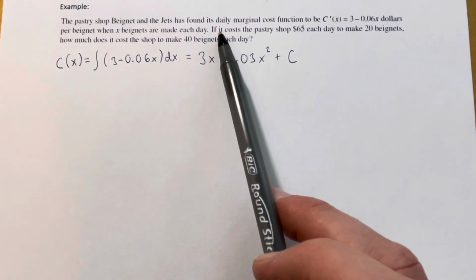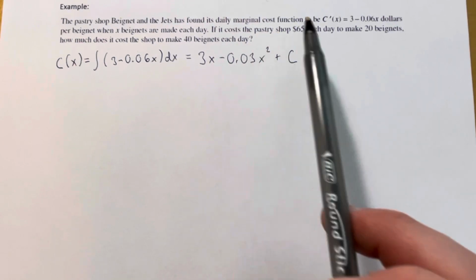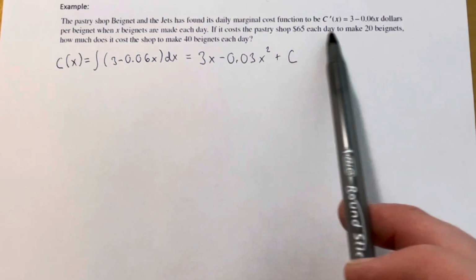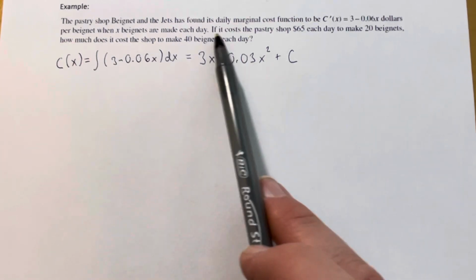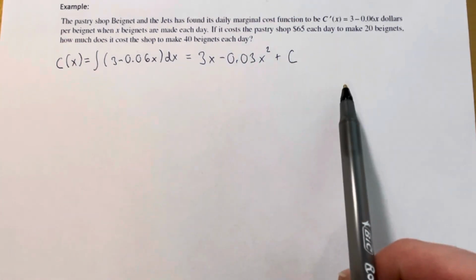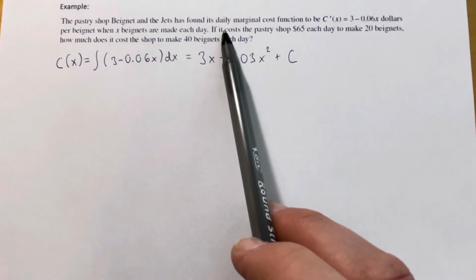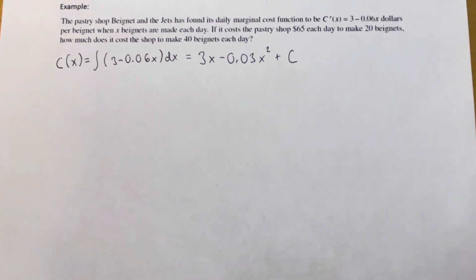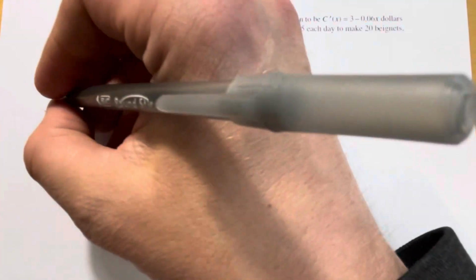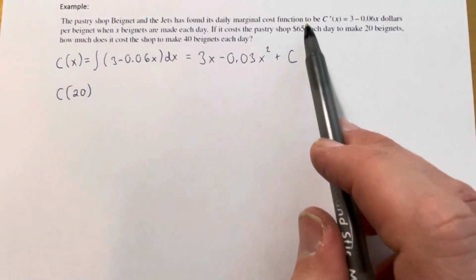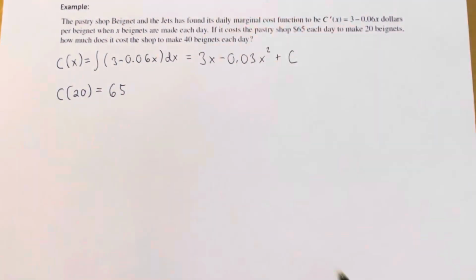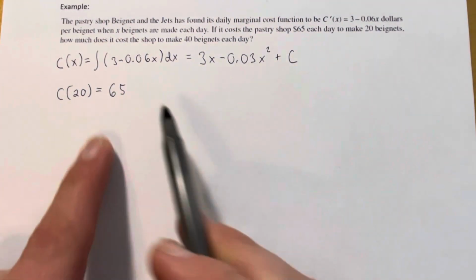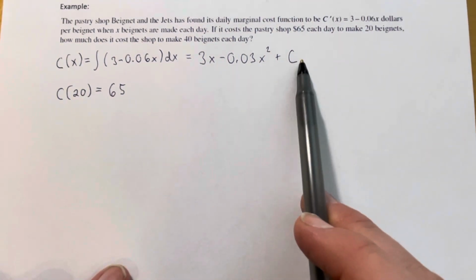So right here, it says, if it costs the pastry shop $65 each day to make 20 beignets, how much, blah, blah, blah. This part of that sentence is my initial condition. It's telling me the cost of something, which is what this function does. Specifically, if I want to make 20 beignets, that's C of 20. It tells me that it should be $65. That's equal to 65. There's my initial condition. And that's what I want to use to solve for C right here.